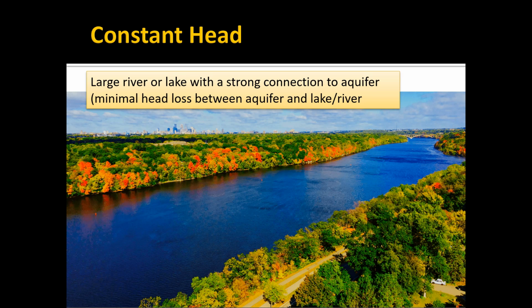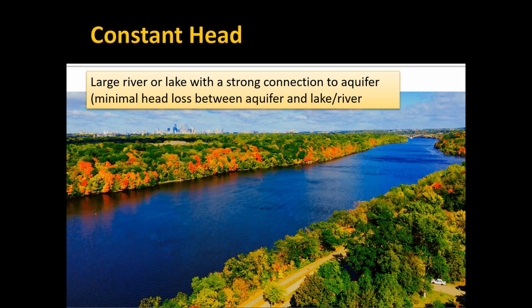So specified head or constant head boundary conditions, this would correspond to some large water body that has a direct connection to the aquifer, meaning as water moves between the object and the aquifer, there's minimal head loss.